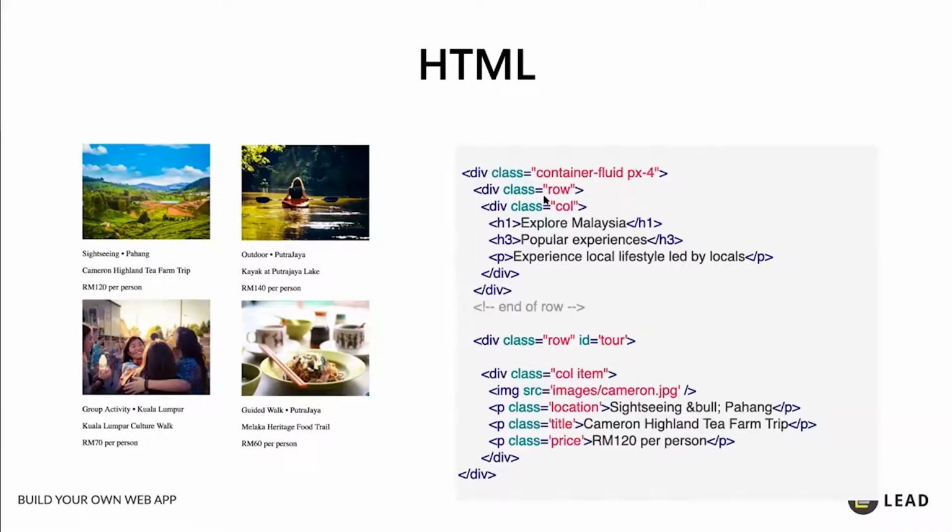And in some cases like img, which stands for image, we don't really need a close tag, but we end with a front slash. So every HTML tag needs a close tag or a closing front slash at the end. This is what we call HTML. And divisions are where we create structures.